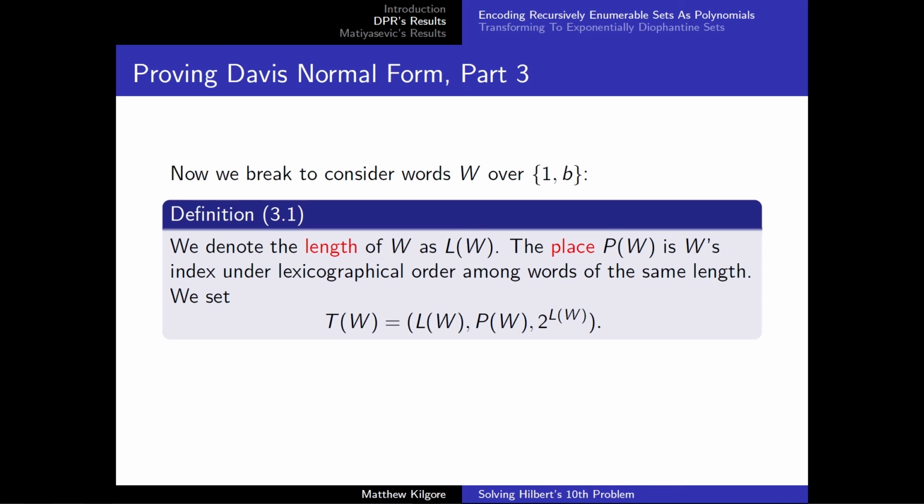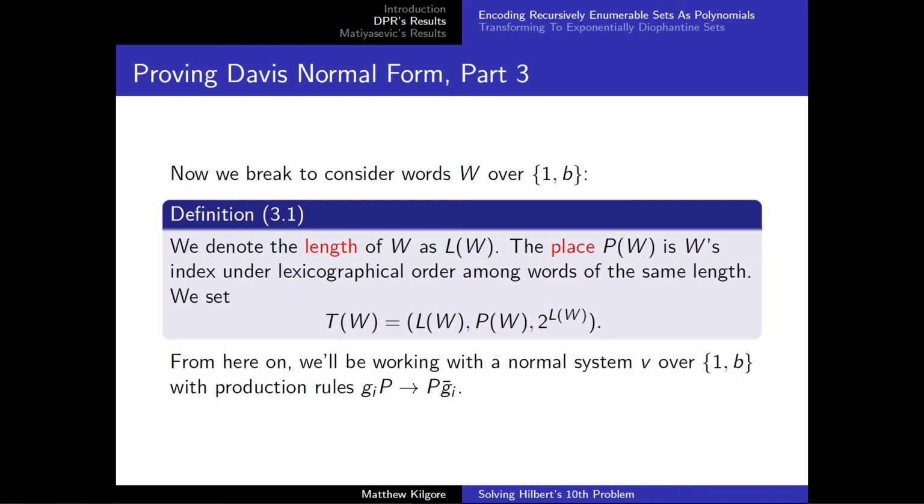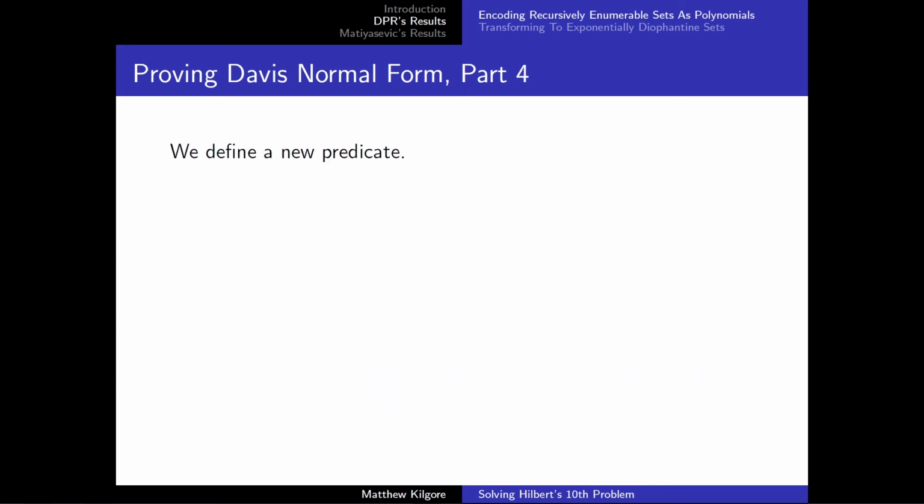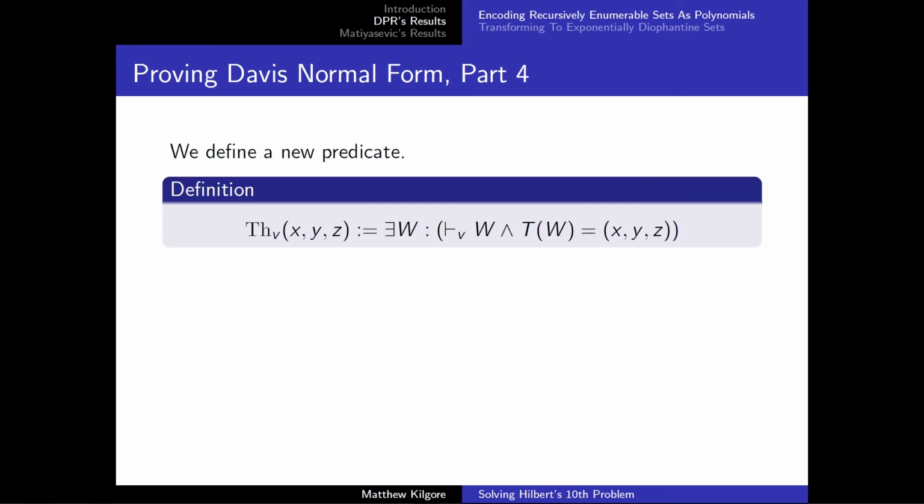From here on, we'll be working under a normal system, V with alphabet 1B, and rules GIP maps to P, G bar I. We define a new predicate.